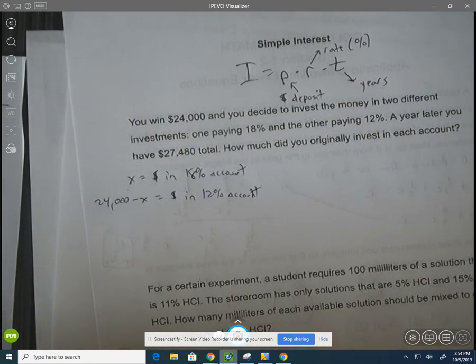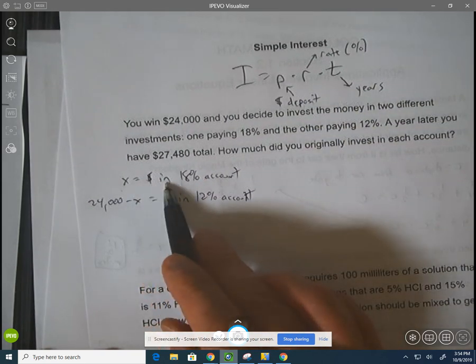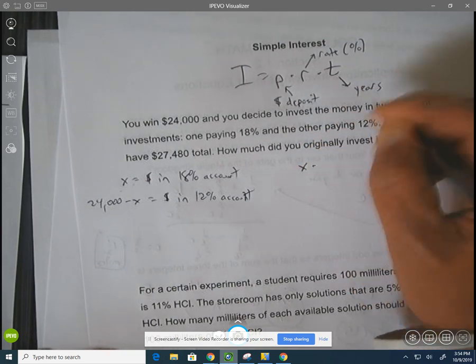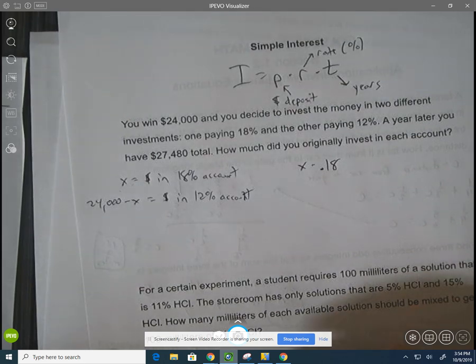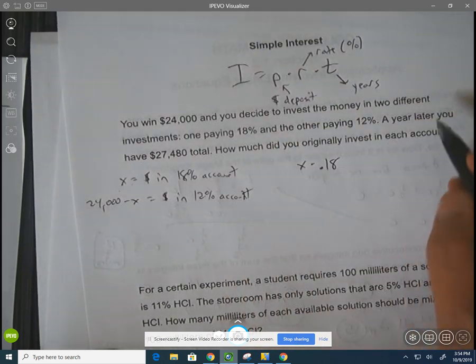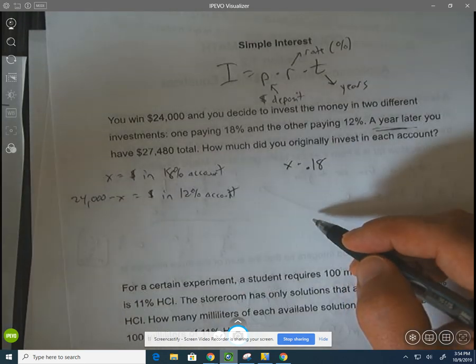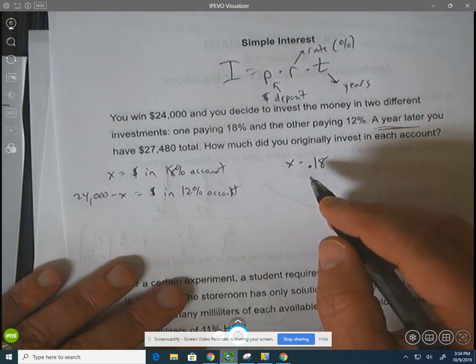So let's start writing this equation here. How much money did I make in the first one? Well, principal, that we don't know, times rate, 18%, written as a decimal, is 0.18, times time. Now, the nice thing they did here, it was just a year later, so we could put times 1 if we wanted to, but I'm not going to put that in. So there's the money I made from the first account.